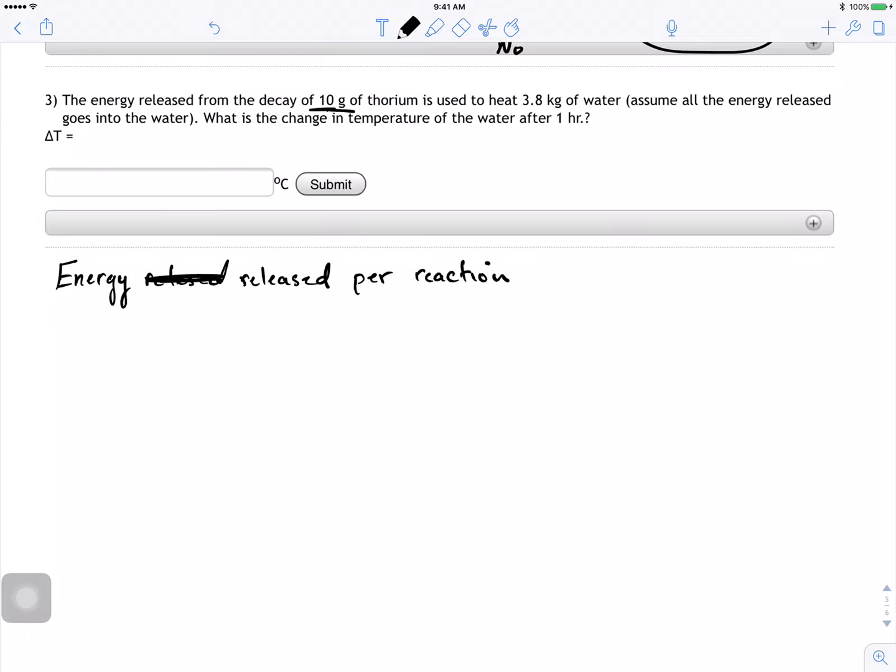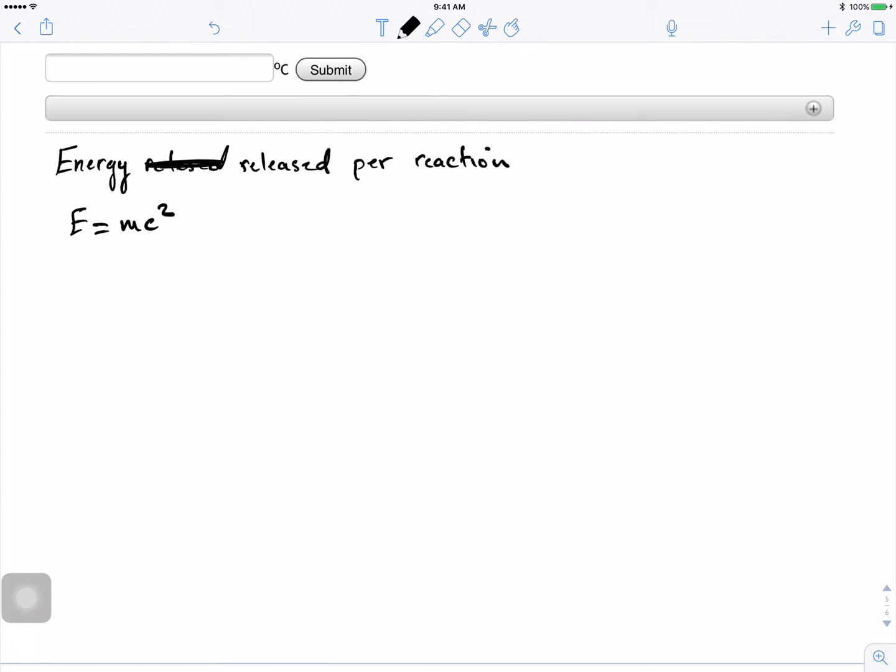To do that, we need to use E equals mc squared, and by doing that we need to find the mass.